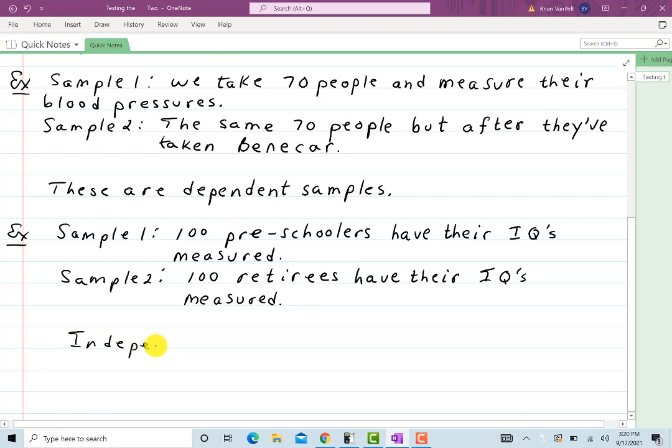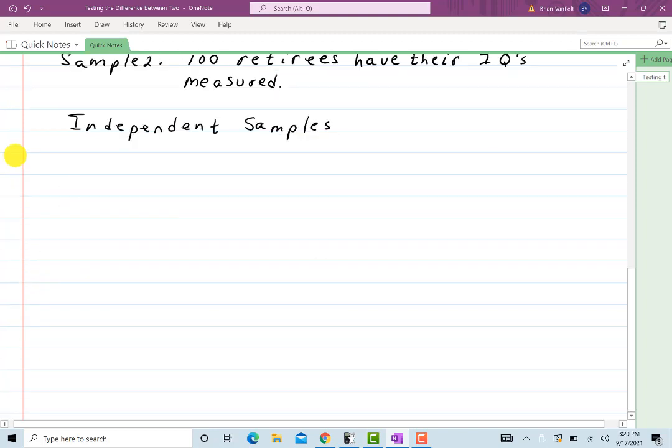This is just touching the surface. We'll do more on this as I do examples, but let me get into the examples to see how the method works. As I mentioned in this video, the standard deviations will be known.